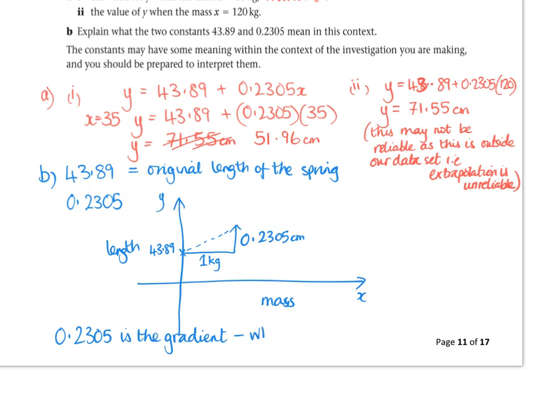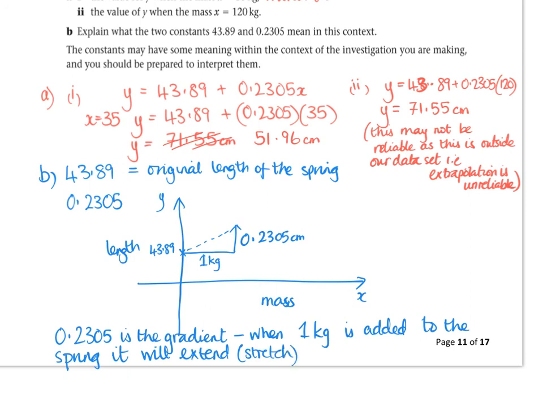So that means when 1 kilogram is added to the spring, it will extend or stretch by 0.2305 centimetres.